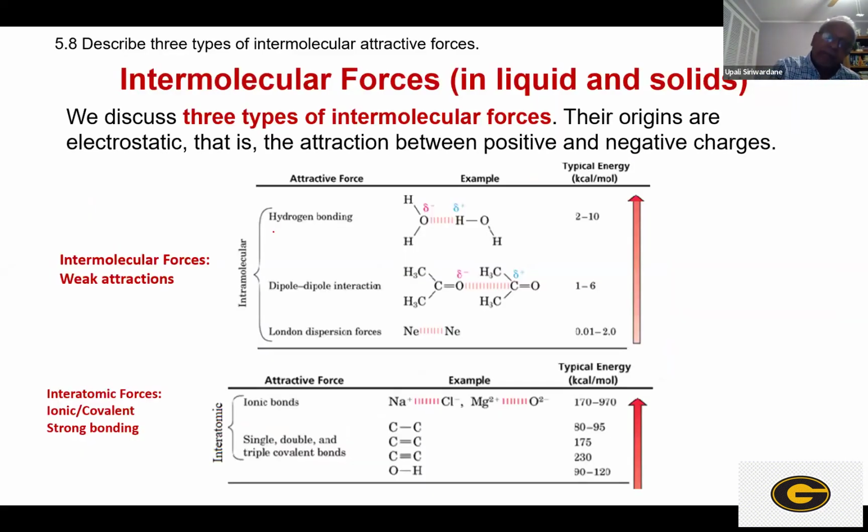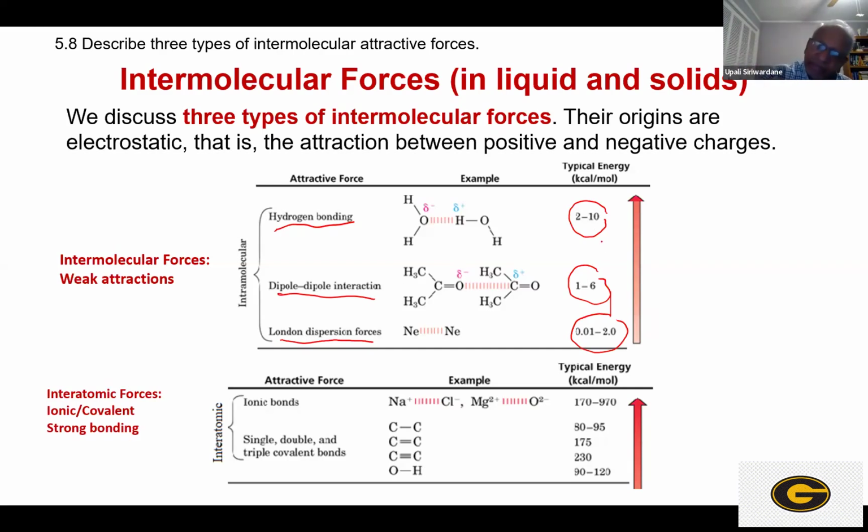These are the 3. When you look at them strength-wise, hydrogen bonding is between 2 and 10. Dipole-dipole attractions are the next strongest, between 1 and 6. The weakest is the London dispersion force.